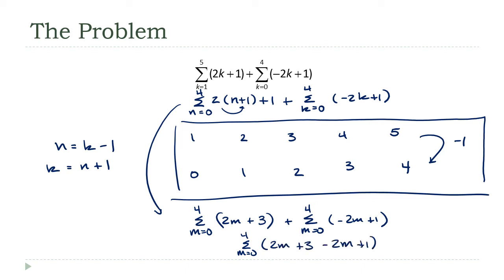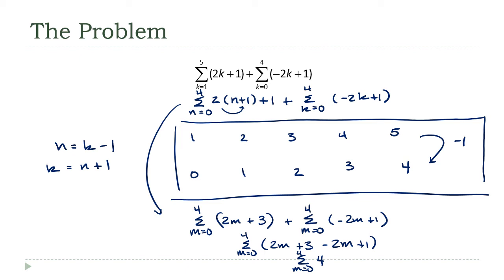And look at that. Yeah, I do get some great canceling here. This is the sum m equals 0 to 4 of 3 plus 1, that's 4. So what does that simplify to? Well, there's no variable in the expression, the sequence part, anymore. That's saying that this is always equal to 4. So when m is equal to 0, it's 4.